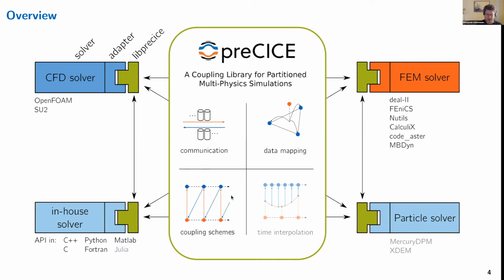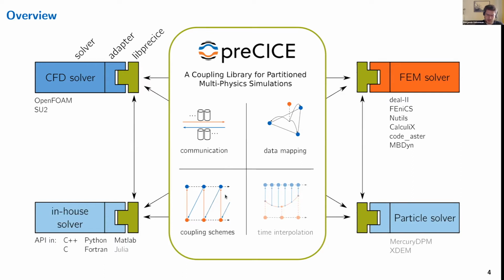preCICE executes coupling schemes. So what is a coupling scheme? So first, this is the pure logic of who has to send data to whom and when. So we there differentiate between explicit coupling, so you only couple once per time step, or an implicit coupling, you sub-iterate in every time step until convergence.